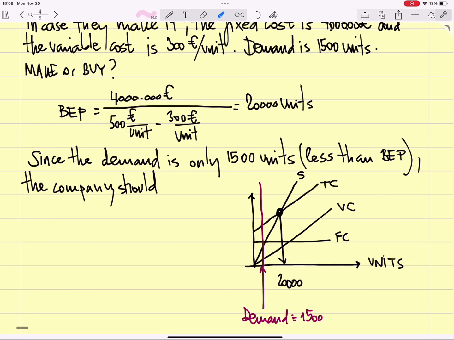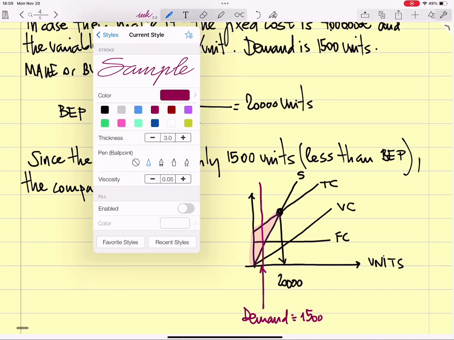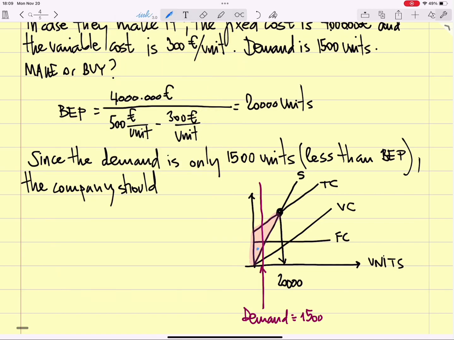So we are moving ourselves into a loss area. This is the loss area of the curve, okay? We will not achieve the break-even point with only 1,500 units.